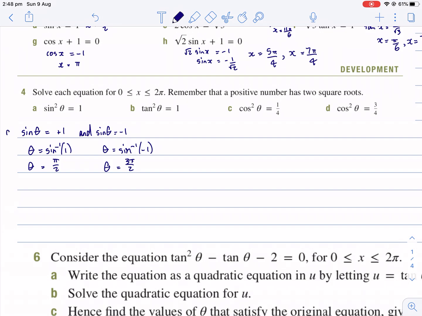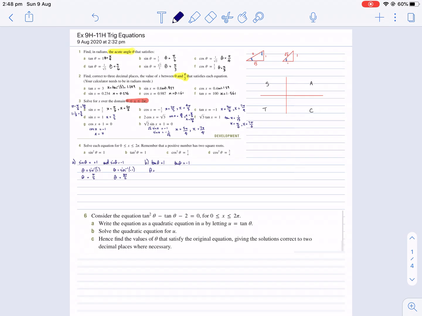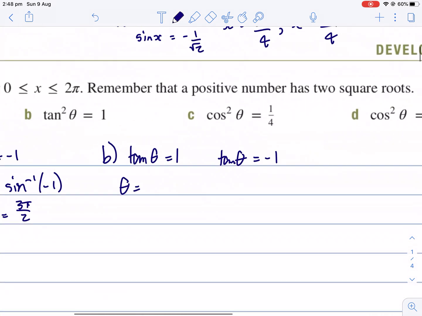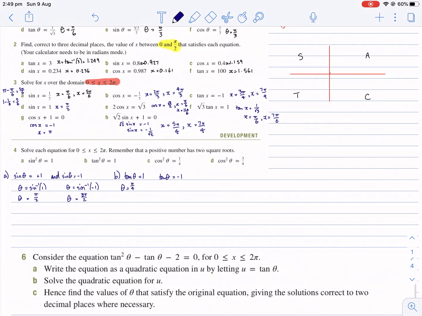So this was A. If we've got tan squared theta equals 1, that means tan theta equals 1, tan theta equals -1. Tan theta equals 1. Then theta equals, we're looking at 1 over 1, which is pi on 4. But the other value that's going to give us +1 is going to be down here.